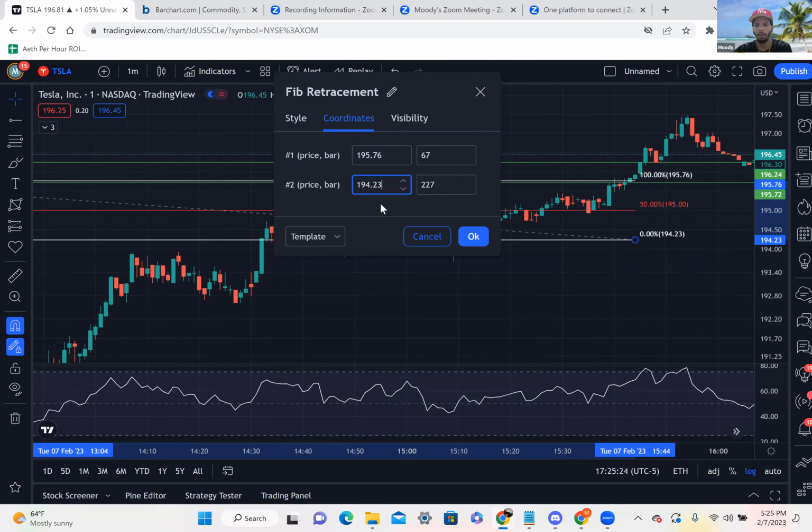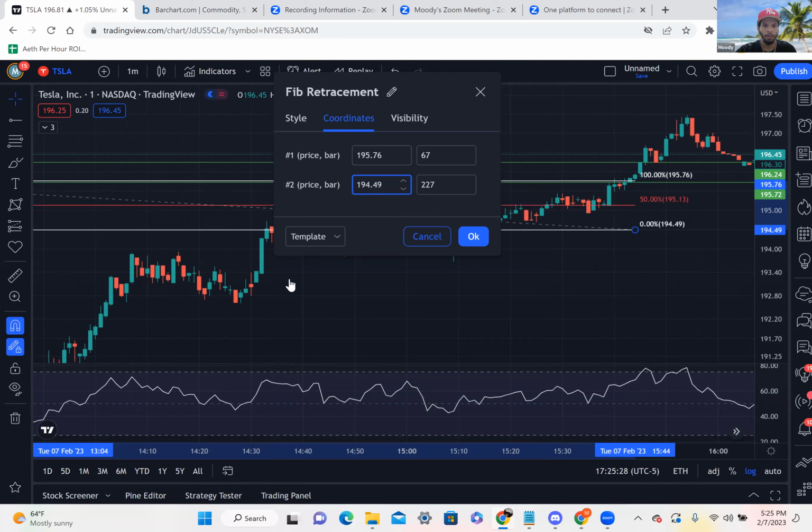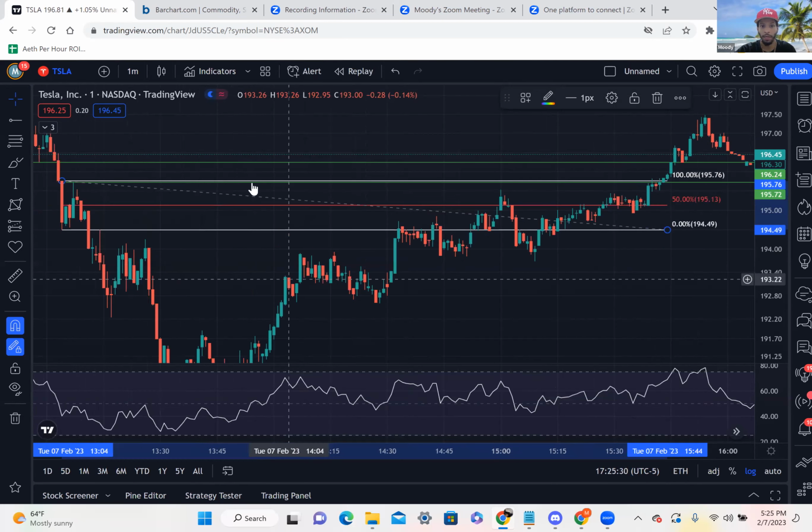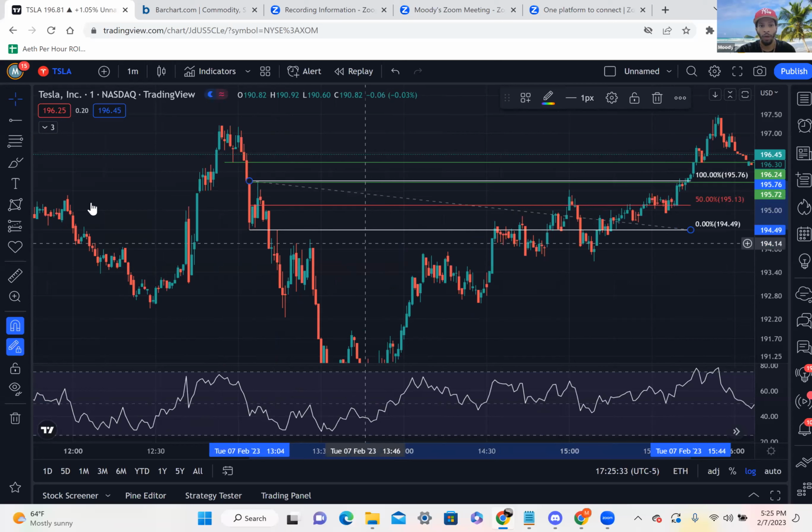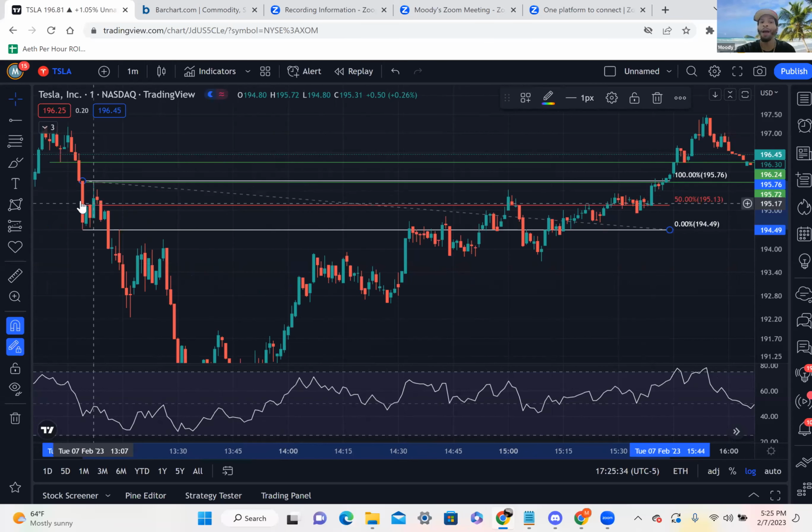Was it 49? Like that, like so. Let's make sure. Yep, absolutely, right at his wick. So what I mean by this range, it will go back into the range, just like this is a range, right? Just like this candle was a range. This candle was a range. You can see that mirrored there, right?